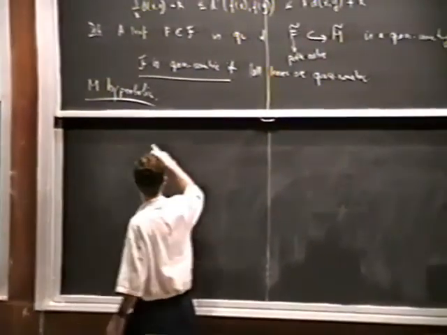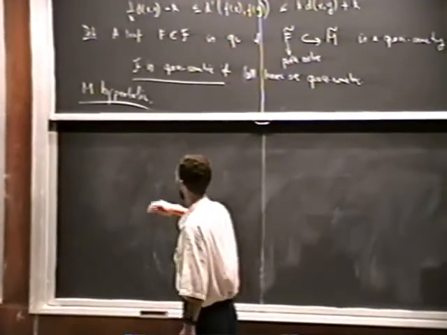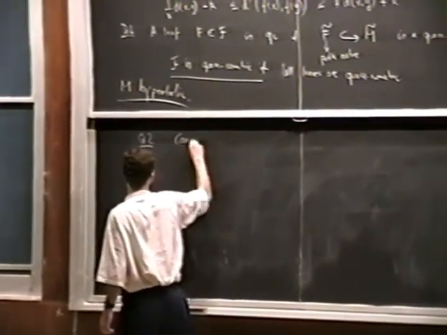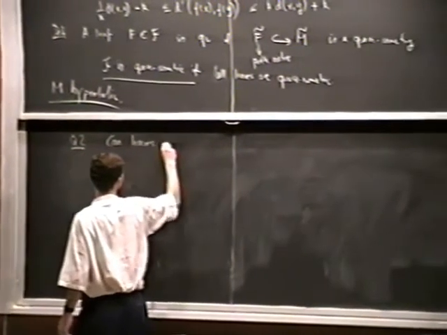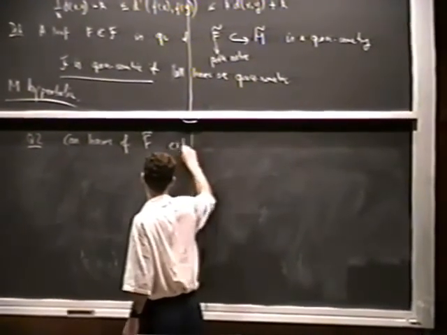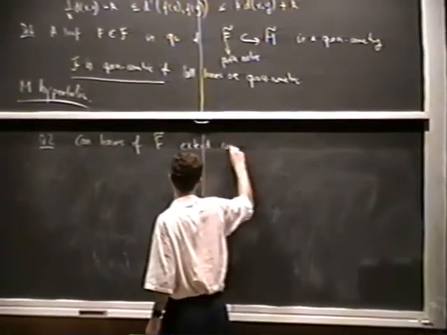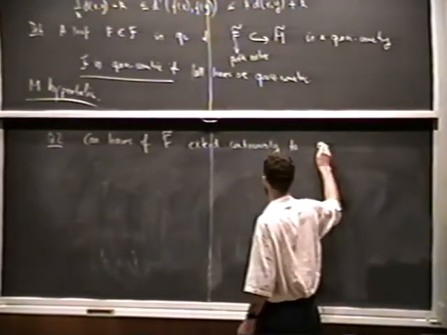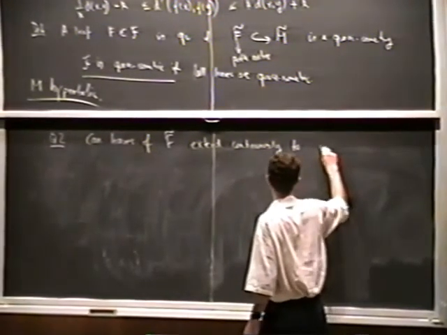So there was the first question, whether there were quasi-isometric foliations. Then there's this question 2, which is: can the leaves of the foliation extend continuously to the ideal boundary?